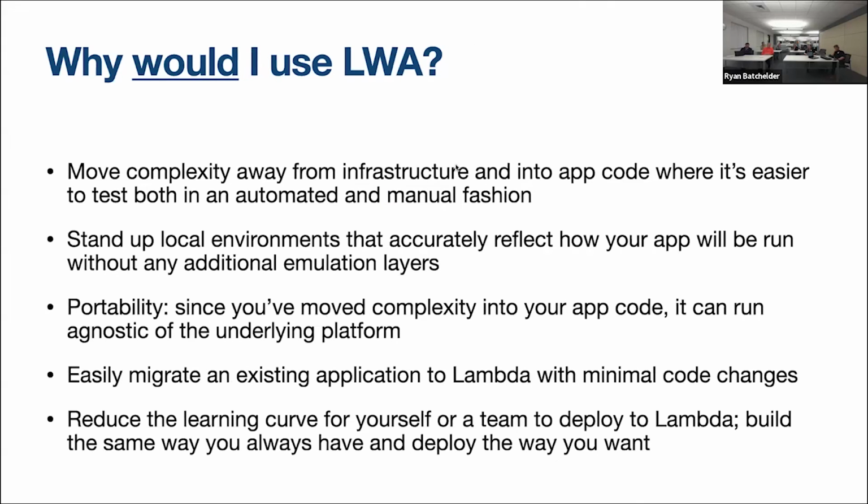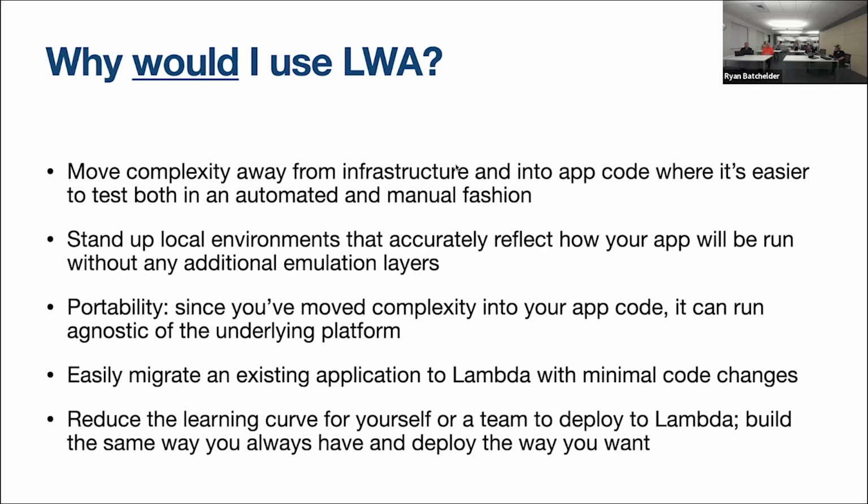But if you've made it this far, why would you use this? To sum up a lot of the things we've talked about, Lambda Web Adapter helps you move the complexity away from your infrastructure and into your app code, where it's easier to test both in an automated and a manual way. You can write automated tests against things like how routing works, and you can manually test it as well. I did that here.